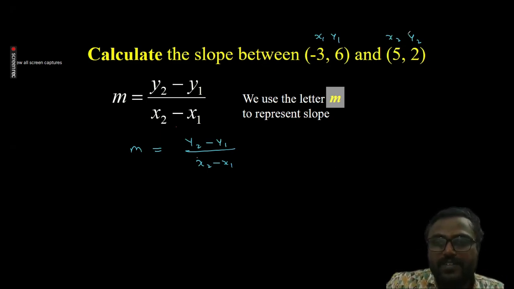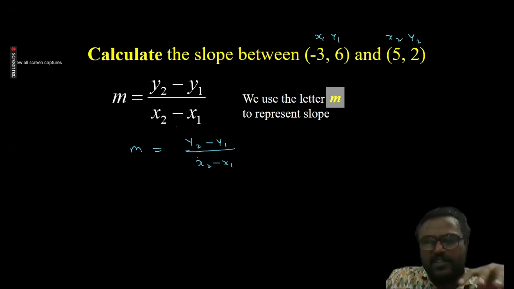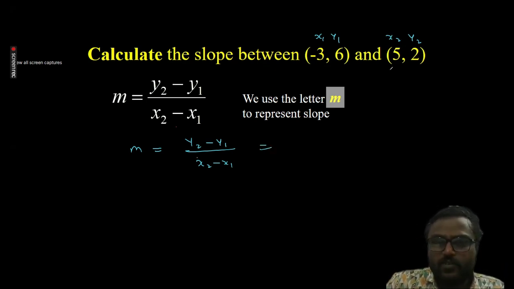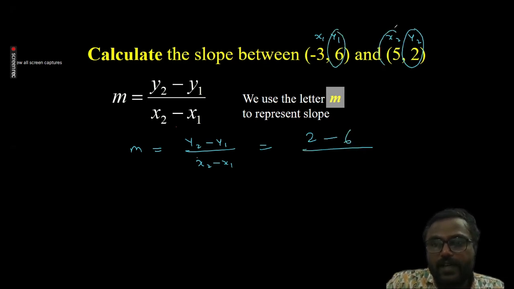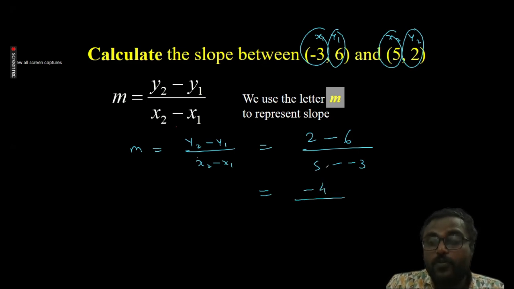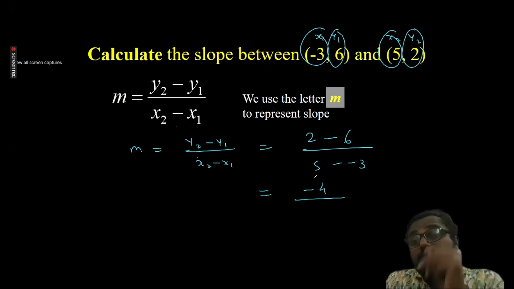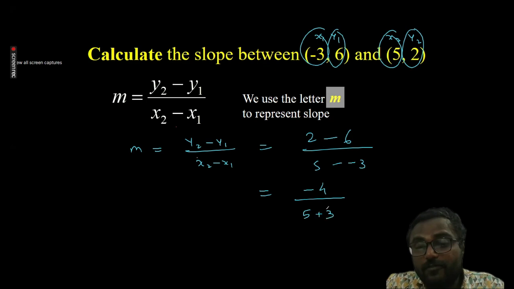So let us just substitute the values and get the answer. So y2 is 2 minus y1 is 6 over x2 is 5 minus x1 is negative 3. So what do we have? 2 minus 6 is negative 4. 5 minus negative 3 would become 5 plus 3.